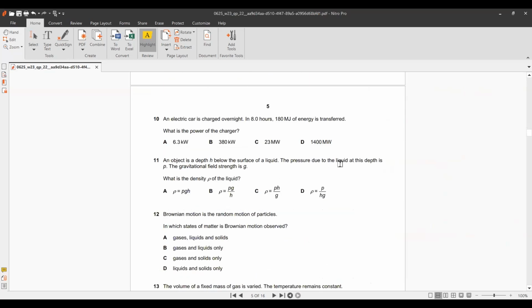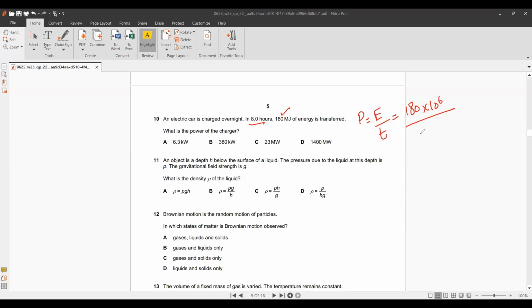Then we have the electric car. You tell me the formula. What is the formula for power? Current times voltage, or work. Energy over time. We are not doing electrical circuits, so we won't use IVT. How much energy is given? 180 megajoules, which is 180 into 10 to the power 6, divided by time.